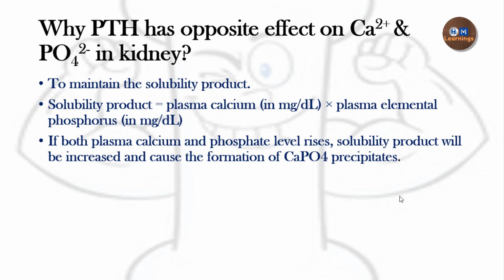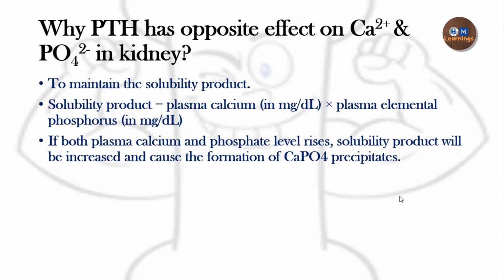For that, the parathyroid hormone increases the plasma calcium level by causing the bone resorption, and by increasing its reabsorption by the kidney. But by the bone resorption, there is an increase in the plasma phosphate level, so it causes the phosphaturia also to decrease the serum phosphate levels. So by this, it keeps the solubility product constant.